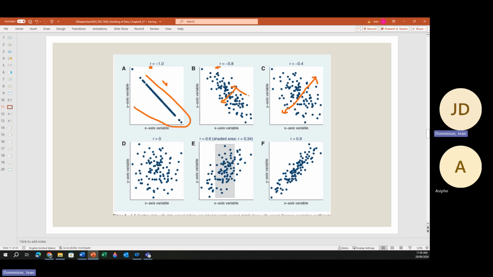So you can see as the spread becomes much bigger, your R becomes closer to 0 as well, where in diagram D, there's basically no correlation between the data. And then the correlation becomes positive when it starts looking like this again.